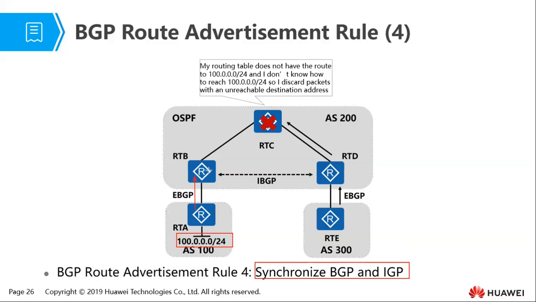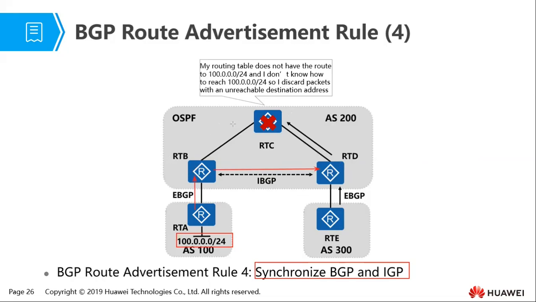Now, RTB does not have an IBGP neighbor relationship with RTC, but has an IBGP neighbor relationship with RTD. Remember we said that unlike OSPF, BGP can actually form neighbor relationships with routers that they're not directly connected to.